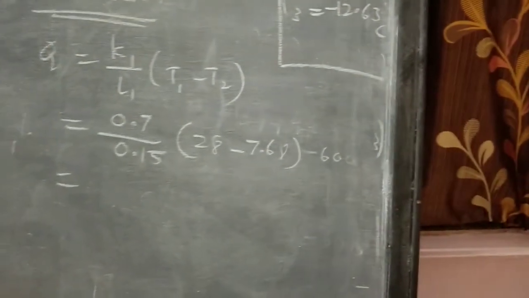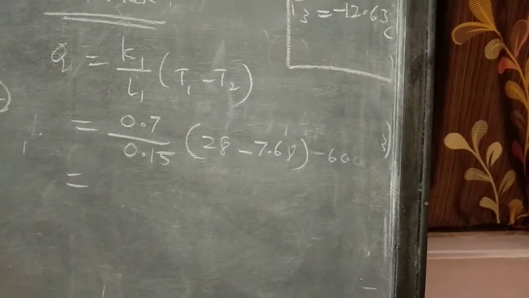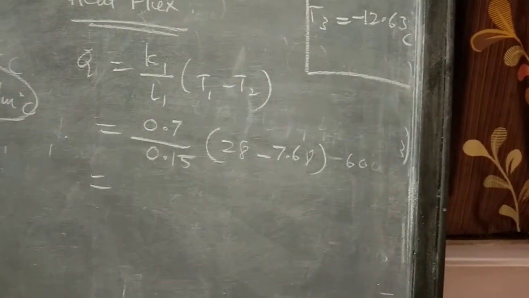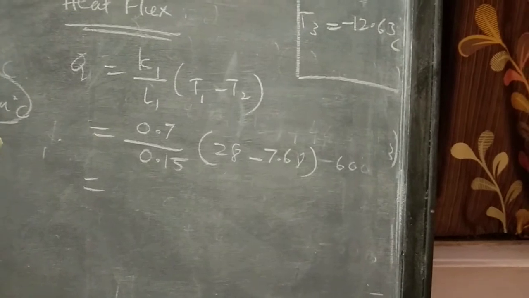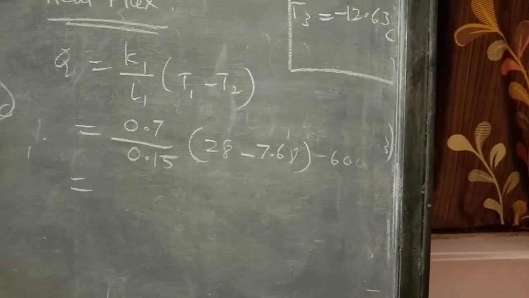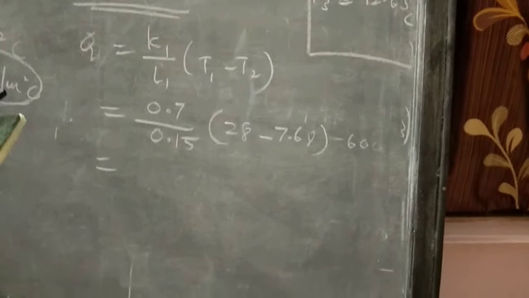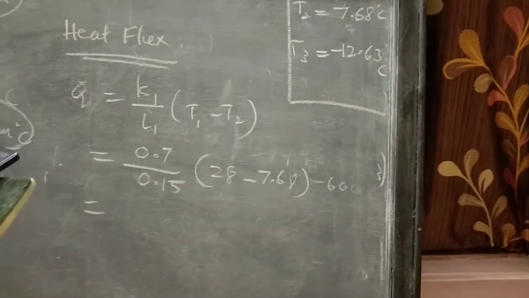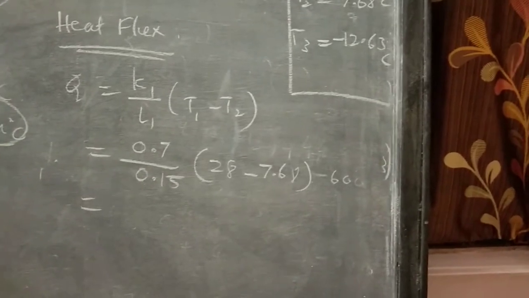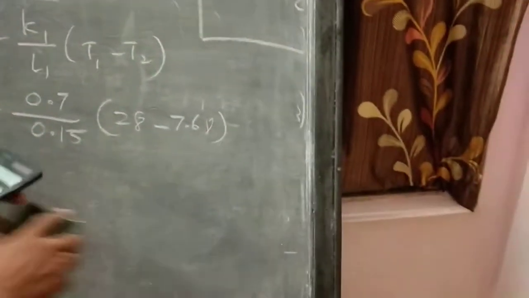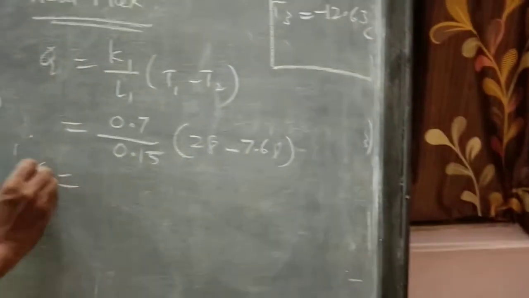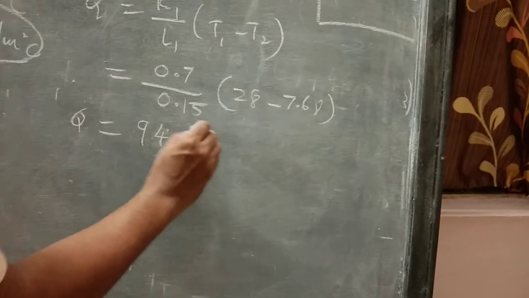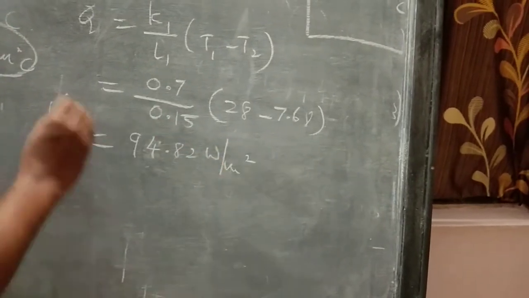If you calculate 28 minus 7.68 into 0.7 divided by 0.15, we got 94.82. That means Q is 94.82 watts per meter square heat flux.